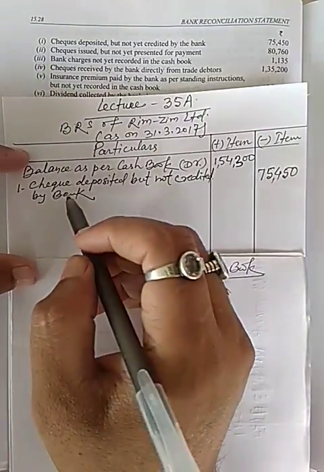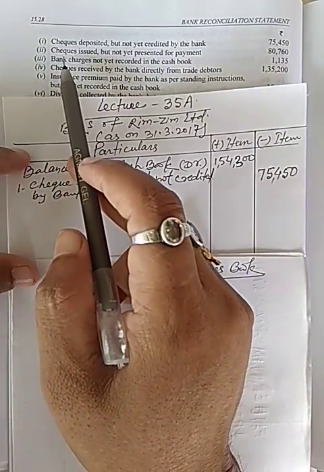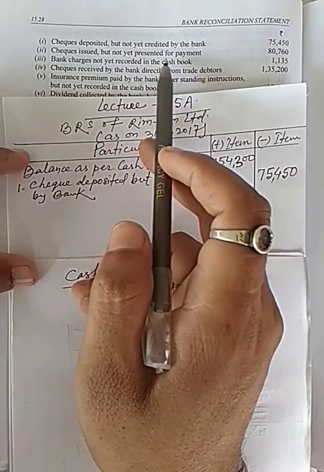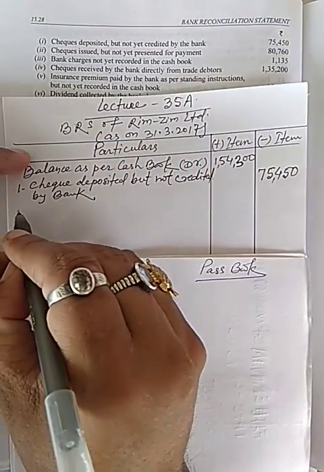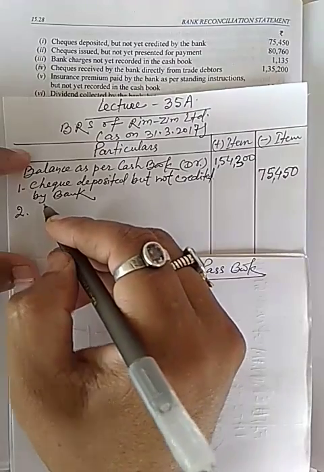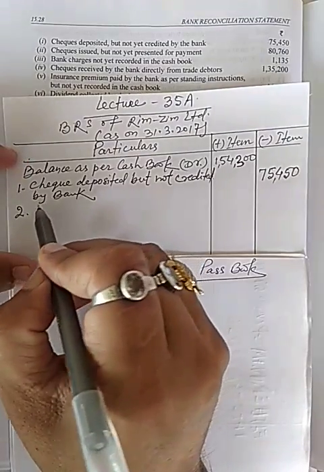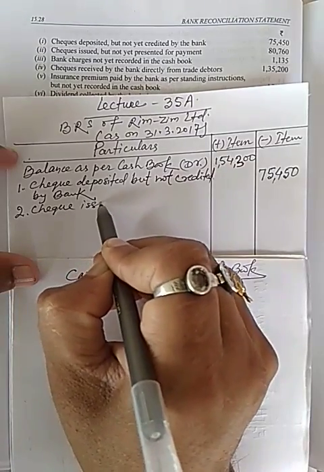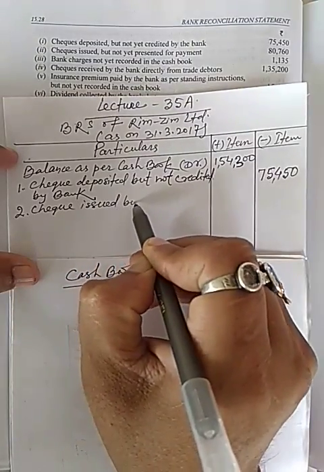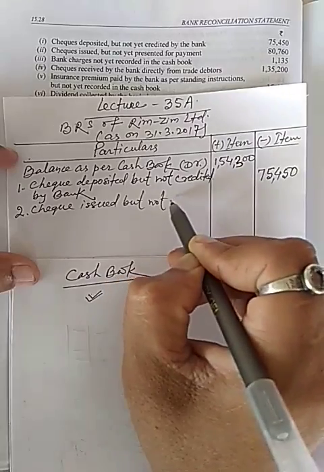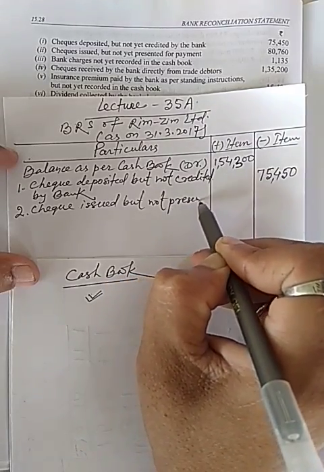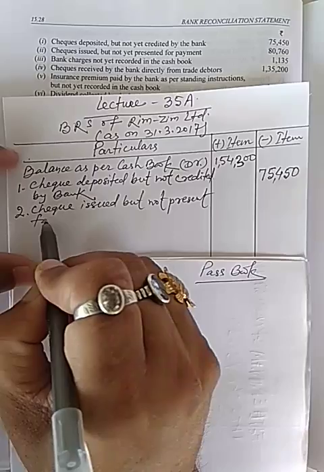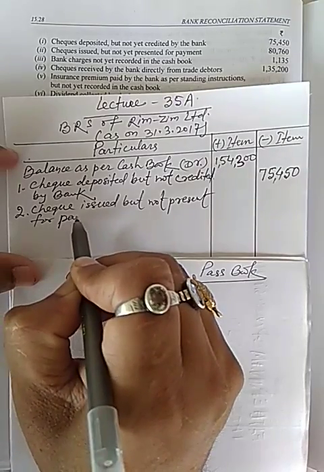Next is saying cheque issued but not presented for payment. The second point is cheque issued but not presented for payment.